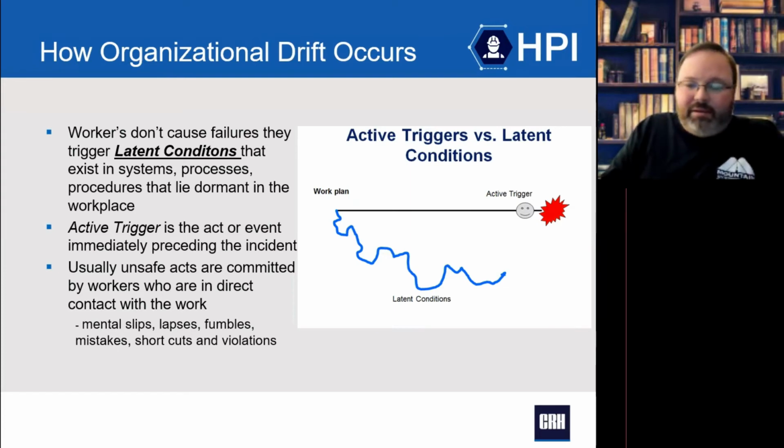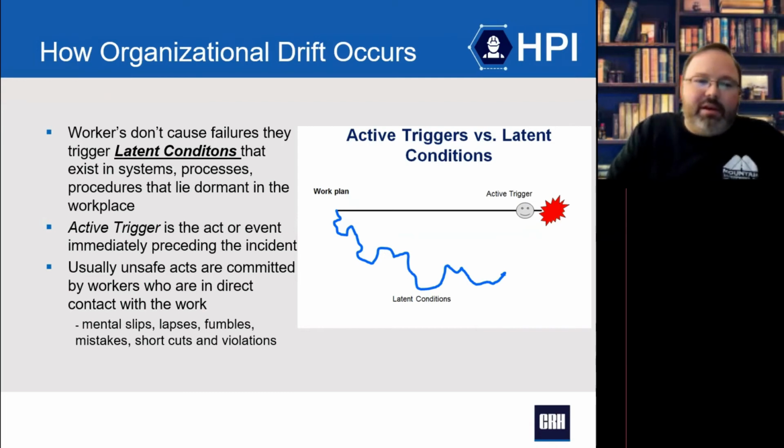When they catch their foot on that hose and they have an incident, that's the event immediately preceding the accident, them catching their foot on the hose. So when I talk about latent conditions and active triggers, the latent condition is the condition that already existed. The active trigger is what causes it to become an incident.